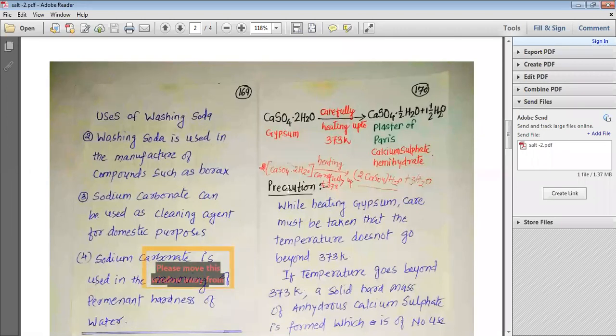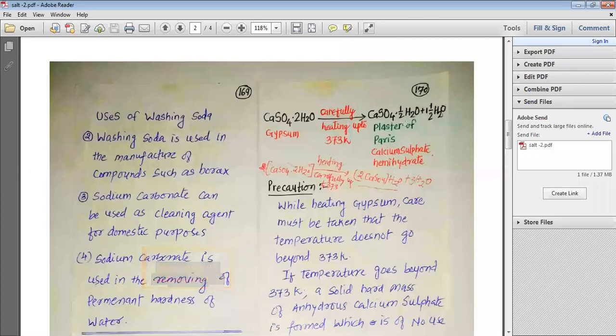Okay. The same reaction we can write in another manner. So this reaction we will multiply with 2. So we will write 2 into the bracket CaSO4 into 2H2O, that is 2 molecules of gypsum. Heating carefully up to T is equal to 373 Kelvin, we will get 2 CaSO4 into 1 H2O.